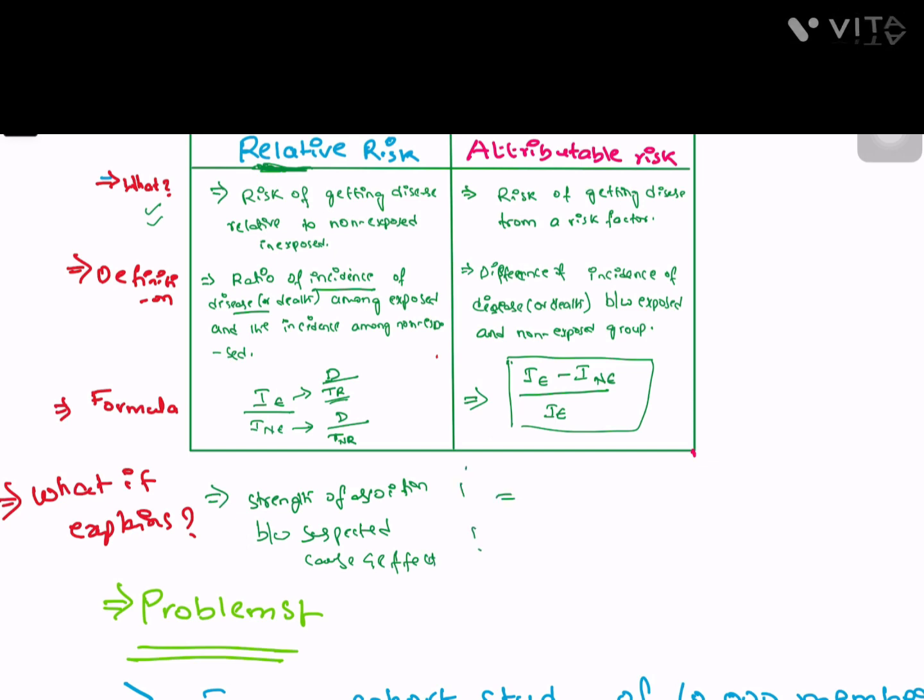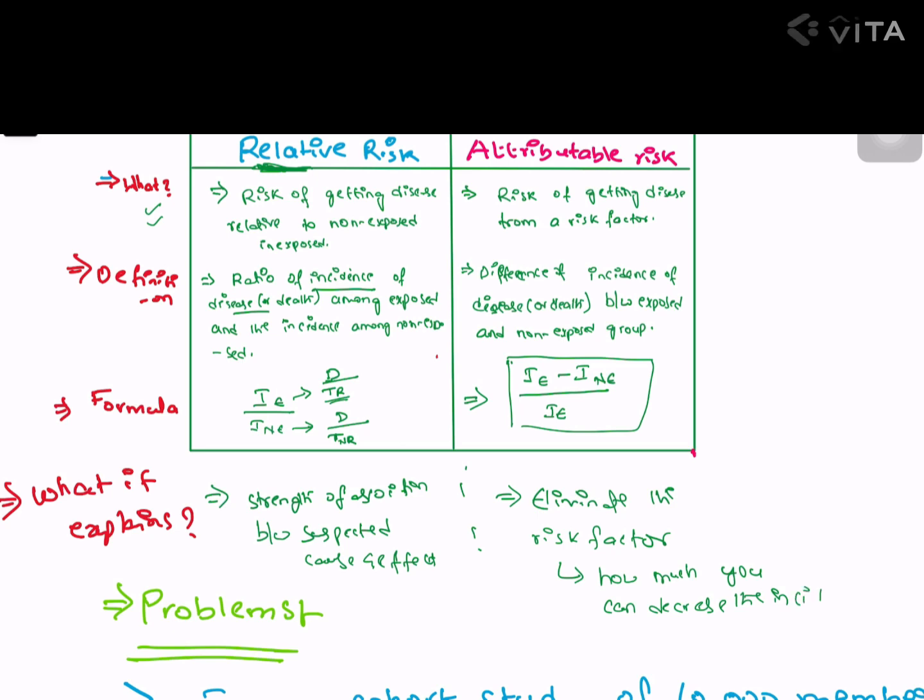And what we are getting from attributable risk is, it explains that if you eliminate the risk factor, how much you can decrease the incidence of disease.